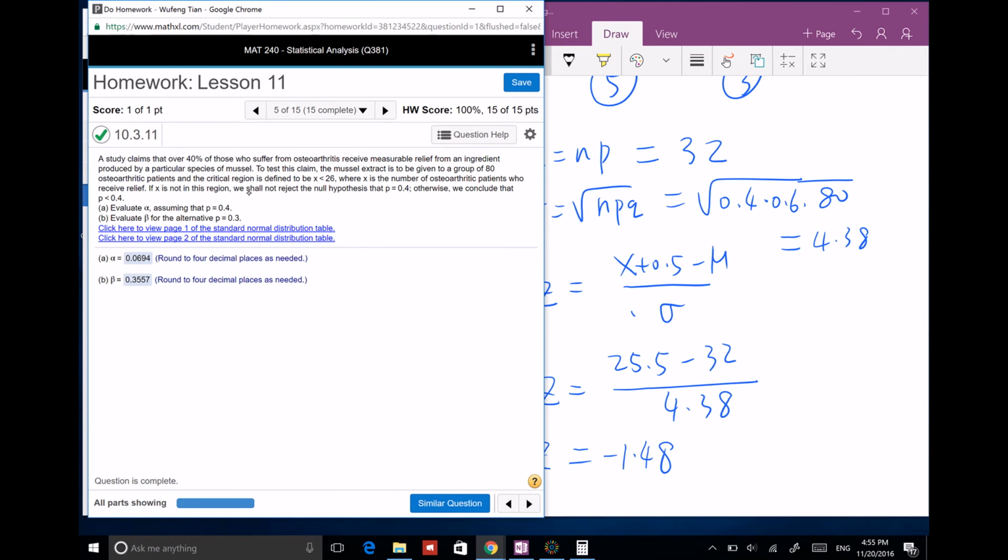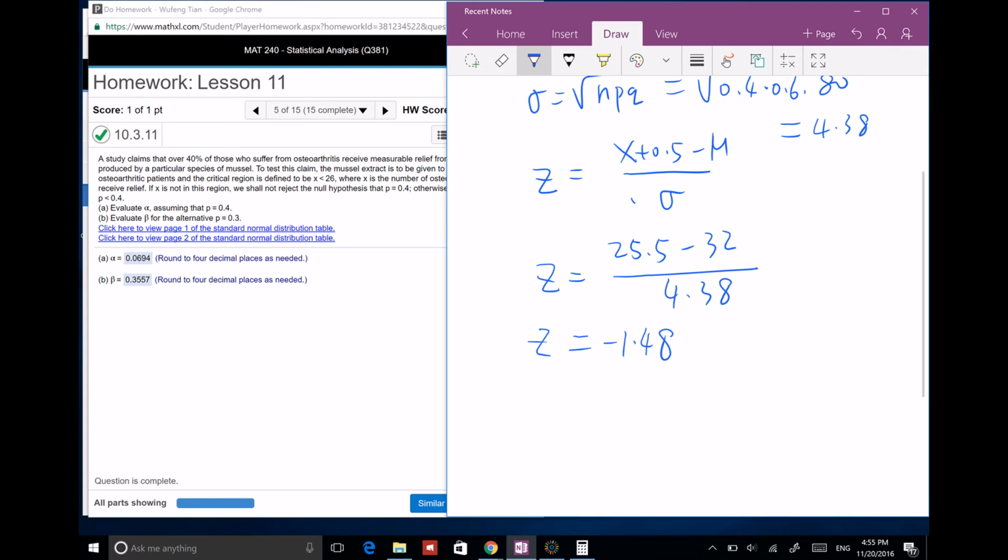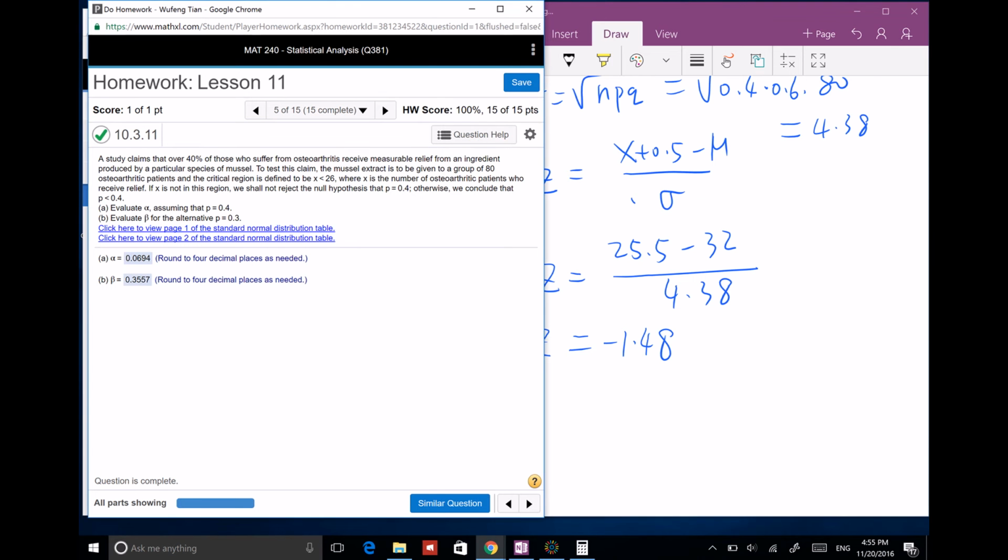What is that? This says to test the claim of extra group of 80, there is a relief if x is less than 26, and we shall not reject the hypothesis. Okay, so if it's less than, we reject it. If it's not less than, we do not reject it.